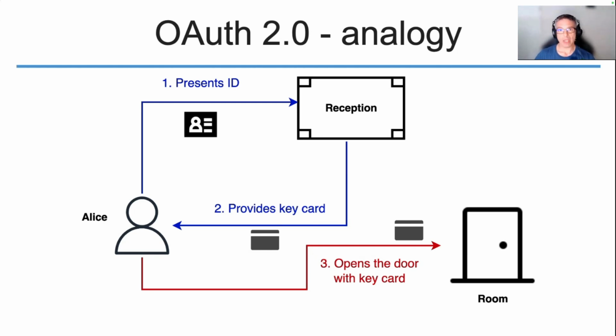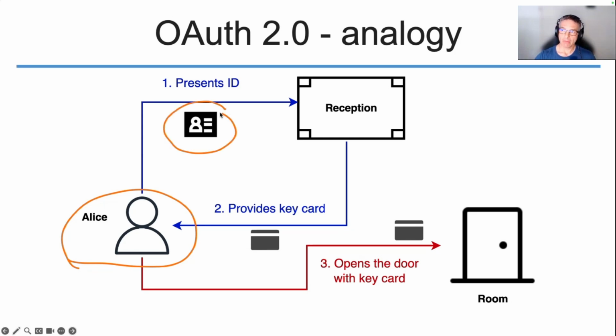So let's say that we have a guest. Our guest is called Alice, and Alice booked a wellness weekend in a hotel. She deserves it. She works very hard, so she wants to spend 3 or 4 days in a hotel. Upon arriving at the hotel, first she goes to the reception and presents her ID card.